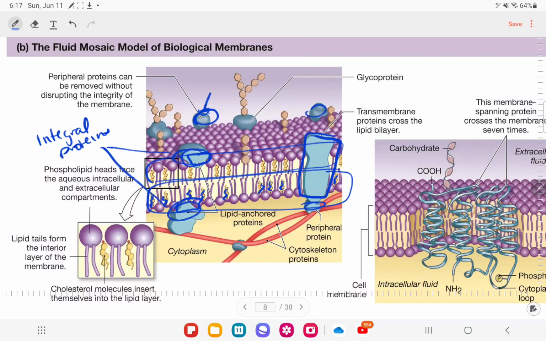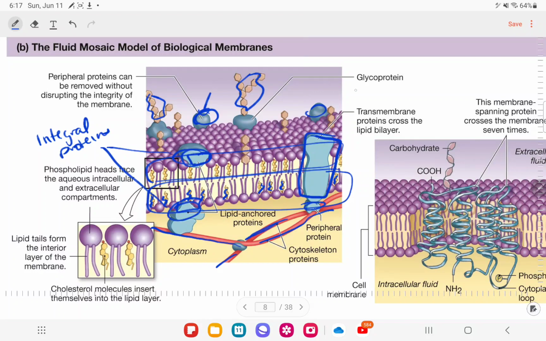Now, also helping with the rigidity and fluidity of the cell membrane is the cytoskeleton. The cytoskeleton helps with the rigidity, the fluidity, and the structure of the cell membrane, of the cell as a whole, really. Notice how we also have these sugar molecules on there.